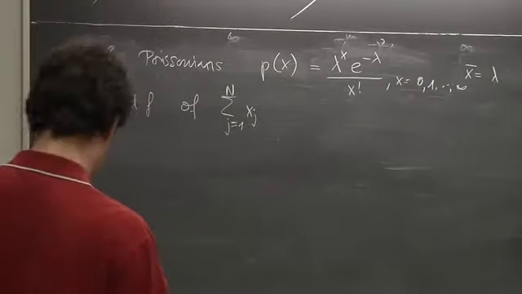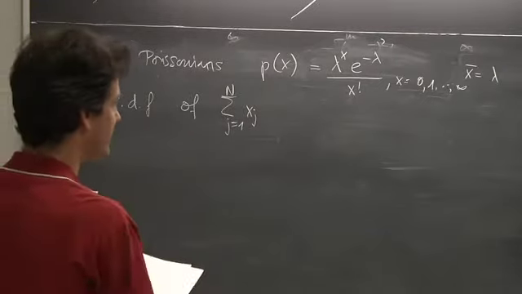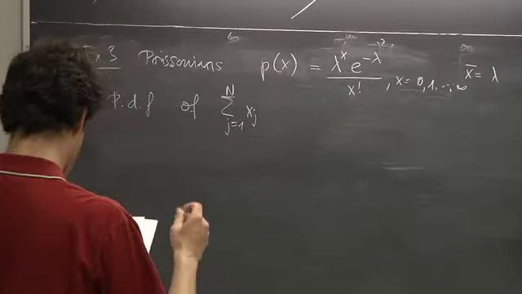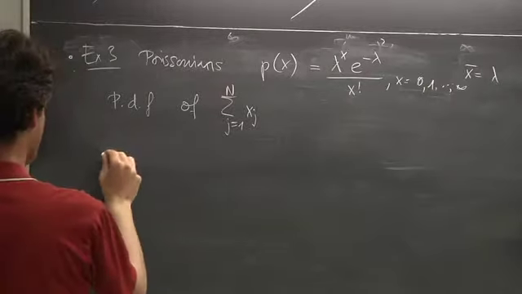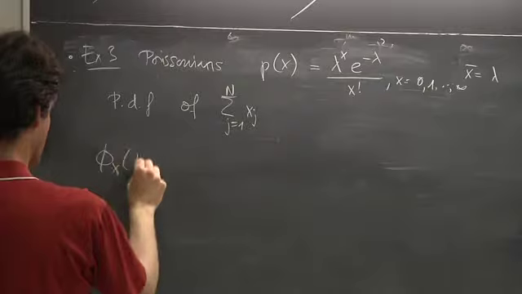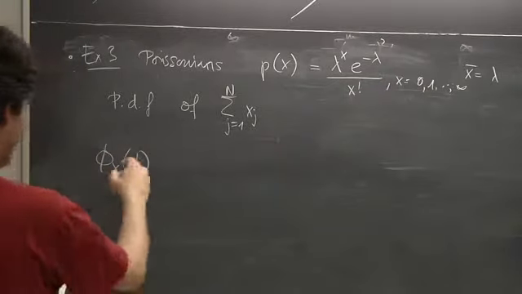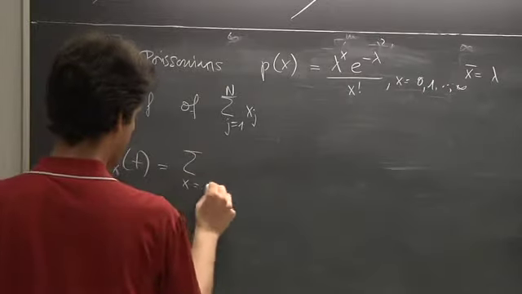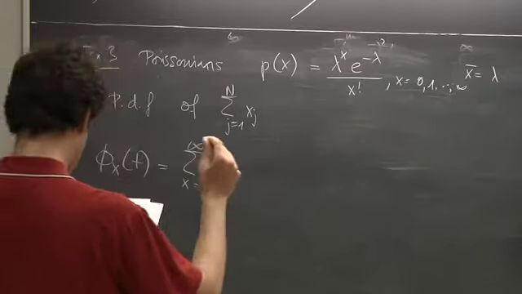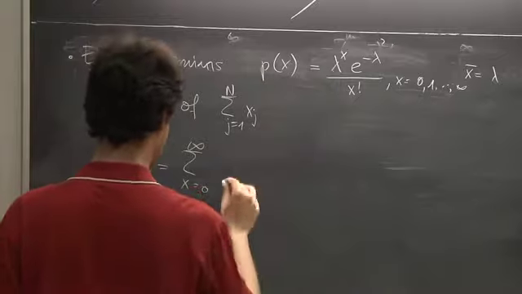So now let's use our technique of characteristic functions to find out what is happening. Okay, so we need the characteristic function of a Poissonian, which by definition is the discrete Fourier transform of this probability distribution.